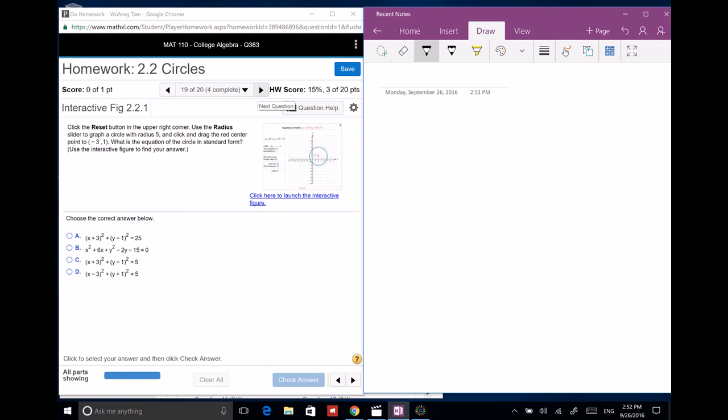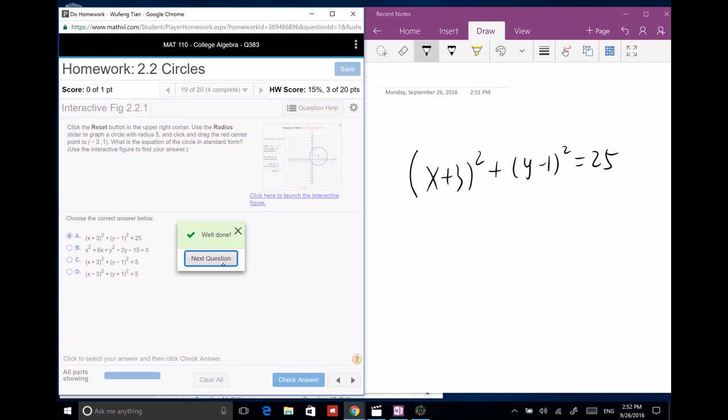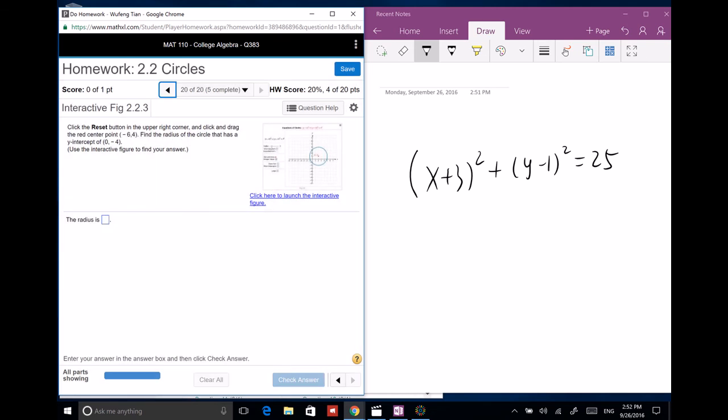And what is the equation in standard form? Okay, so basically you got (x plus 3) squared plus (y minus 1) squared equals 25. You don't really need to look at the picture, you can finish that anyway.